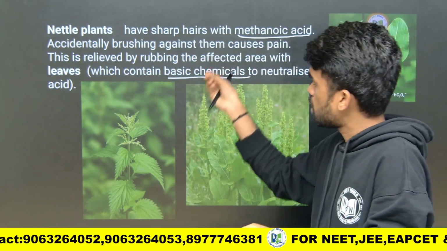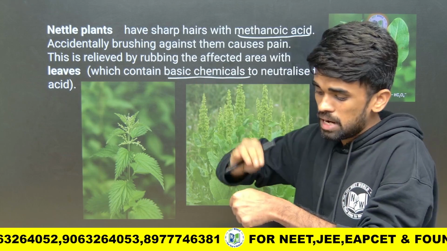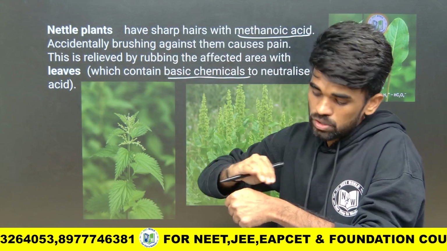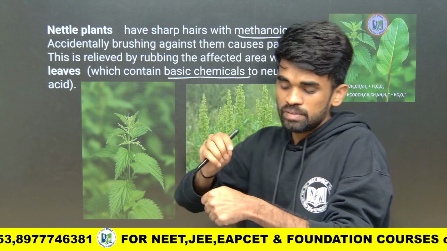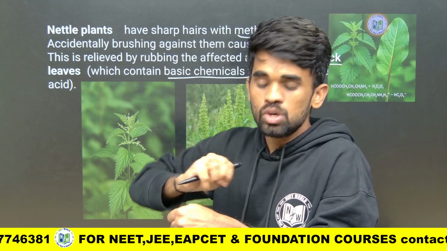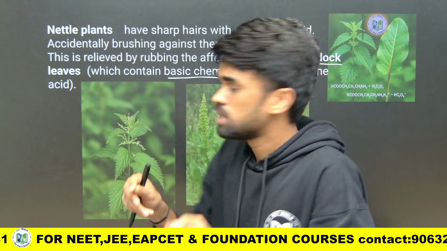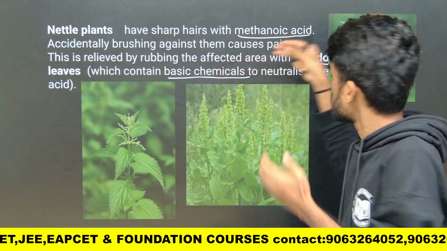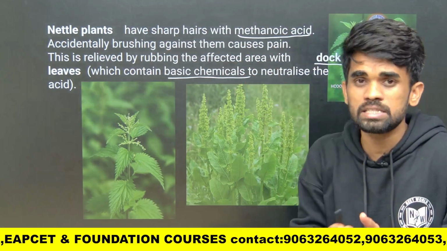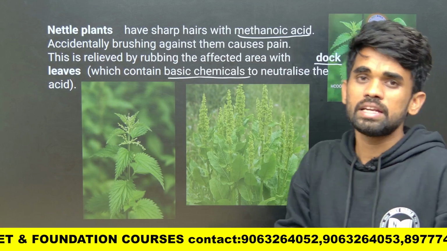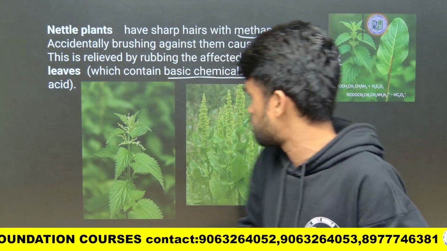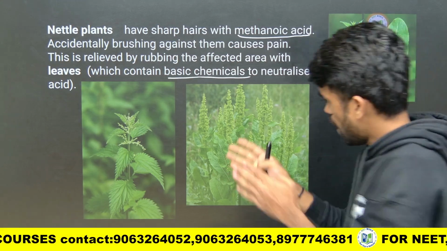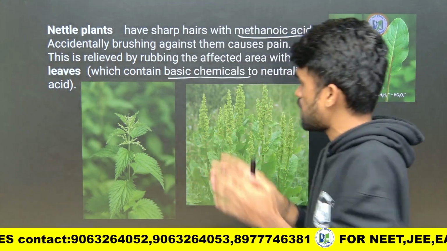So now if you rub these dock plants on the skin wherever the nettle plant has stung you, you will feel relaxed because the acid from the nettle plant and the base from the dock plant will neutralize each other, therefore you can get rid of that pain. Okay, so hope it is clear. I have shown you the images of these plants also.